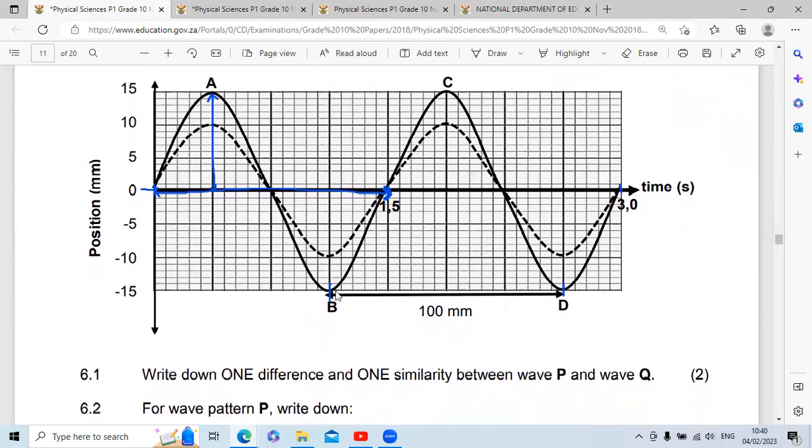Here, this is the distance of one wave, or the length of one wave, so this is going to be the wavelength. And this here is the amount of time it takes for one wave to be finished, so this is going to be our period.